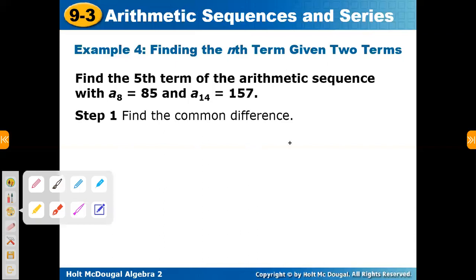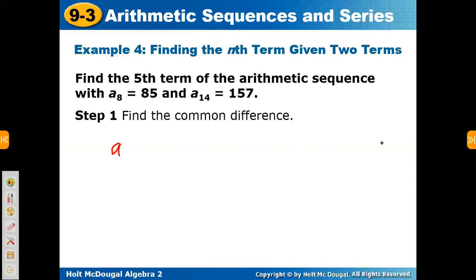So A8 is 85. What is A8? A8 basically means A1 plus n minus 1, which is 8 minus 1, multiplied with d.